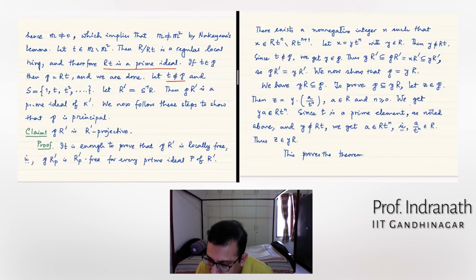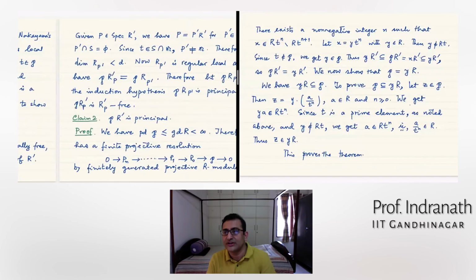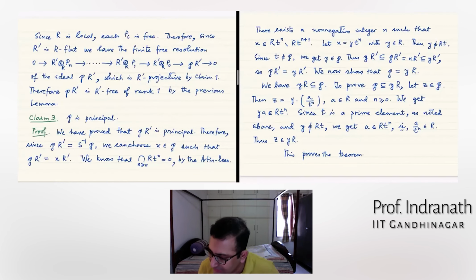So M minus M square, you can understand, gives you the regular local condition immediately. If you are working over that, then automatically you have a prime ideal here, and then through technical steps, you are gradually proving that this is a unique factorization domain. Very important theorem, and we have finally proved this.